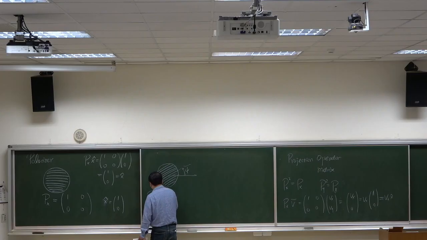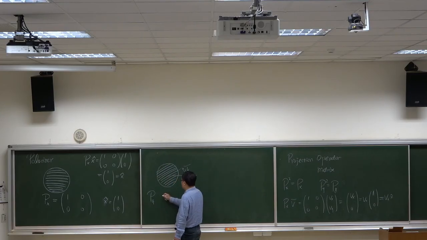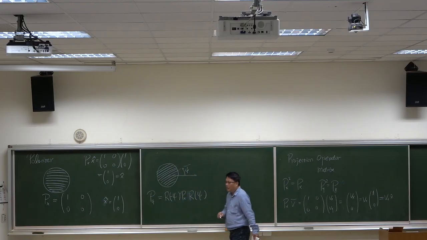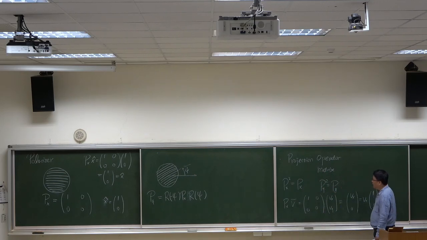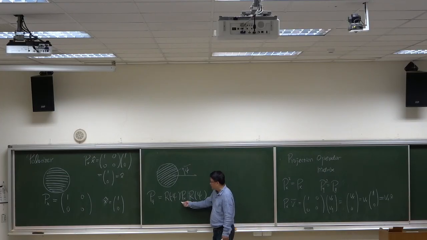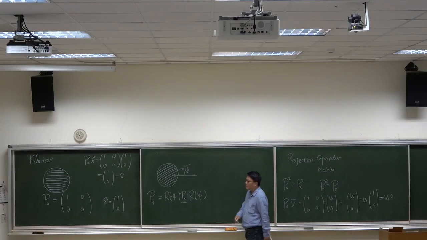If I denote it as P psi, then P psi is nothing but R minus psi Px times R psi, just like what we do with the wave plate, but replacing W0 by Px.